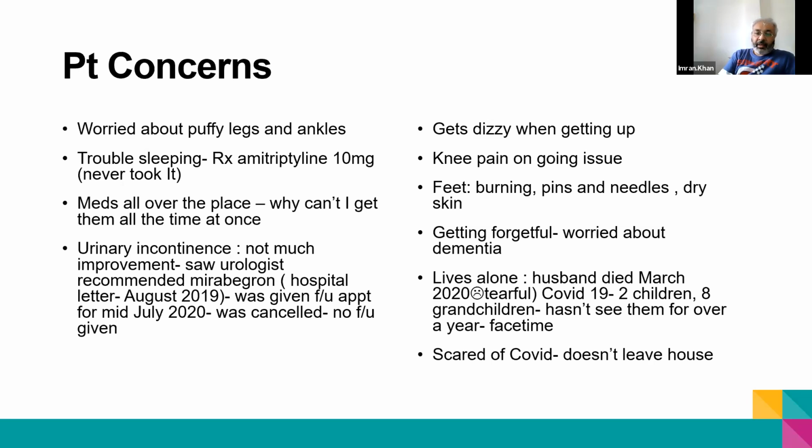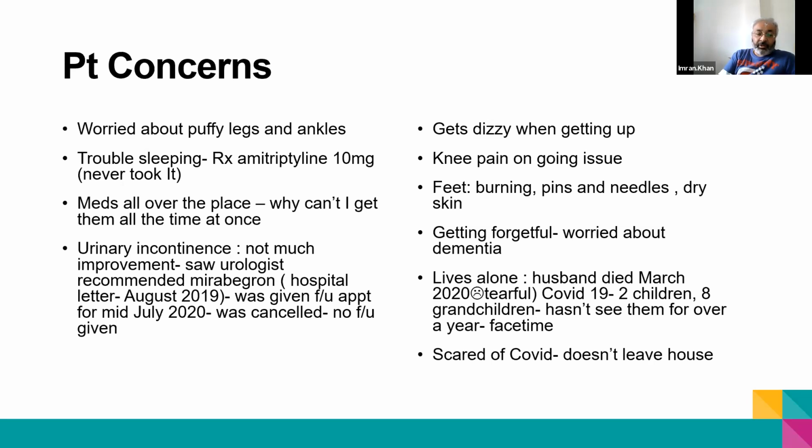She's also worried about her dribbling and incontinence problems. She was referred to urology, the year before last, with a hospital letter from August 2019, where they recommended mirabegron, but that hasn't actually happened.